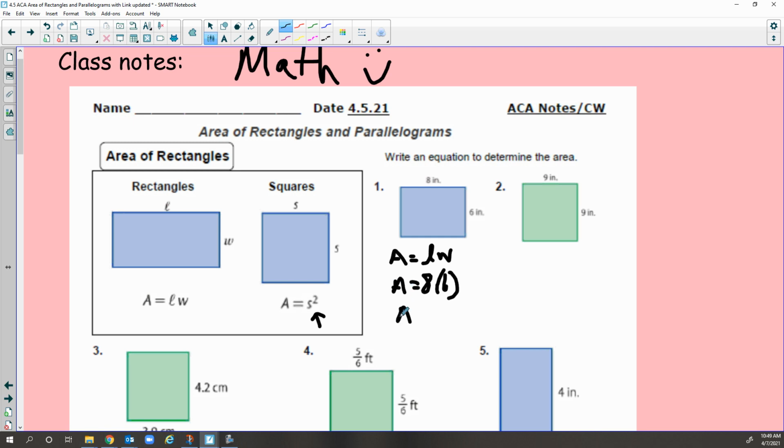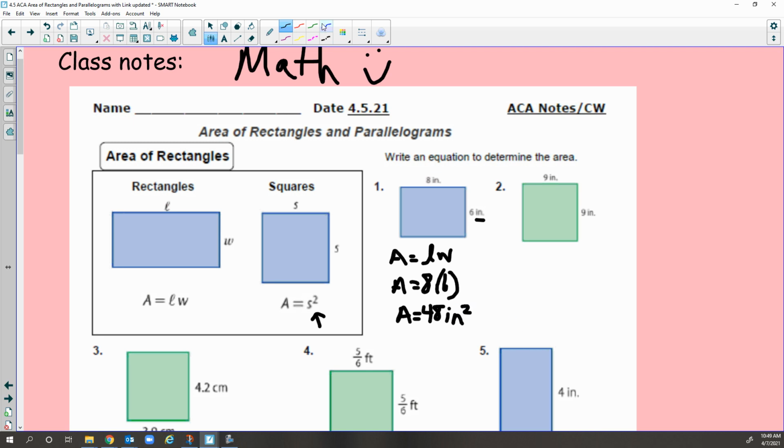We end up getting an area of 48 somethings. I have to put a unit. You learned years ago when you learned about area that it's square units. In this case, the unit is inches, so we're going to have inches squared.